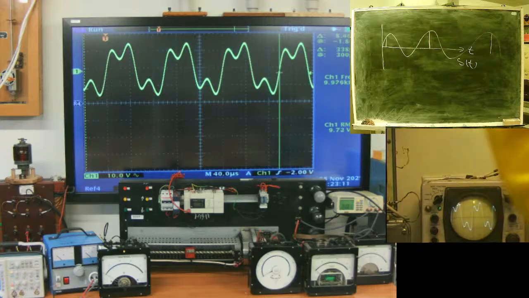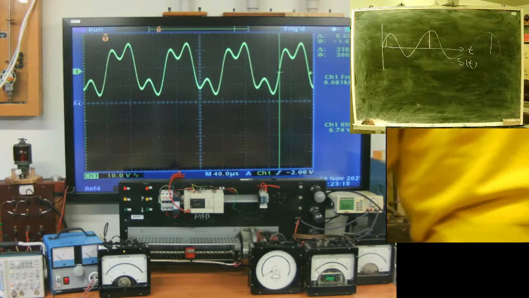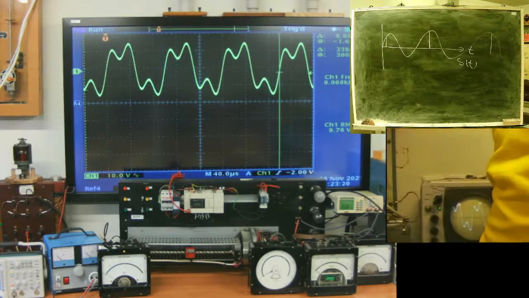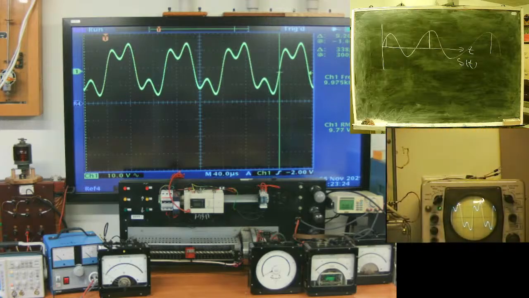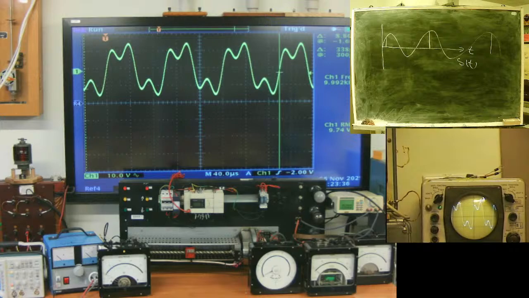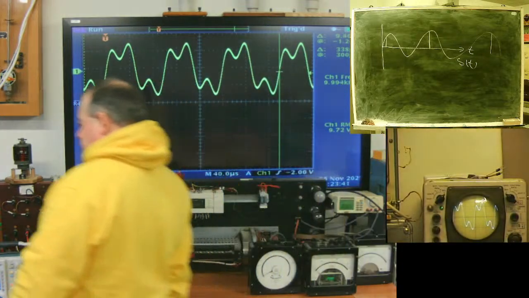Now my signal contains 50% of third harmonic. You see? Yeah. Now, watch what happens.